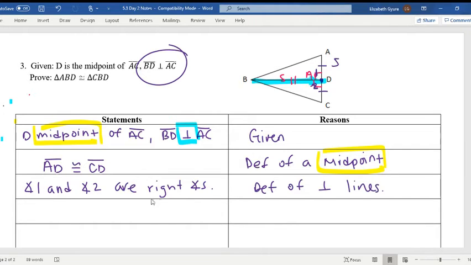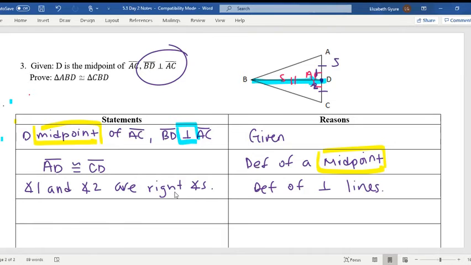Now, it's not quite enough to say they're right angles. We need congruent angles. But how many degrees are all right angles? 90. All right angles are 90 degrees, no matter what. So if all right angles are 90 degrees, they're all going to have the same measure. So technically, aren't all right angles just congruent?